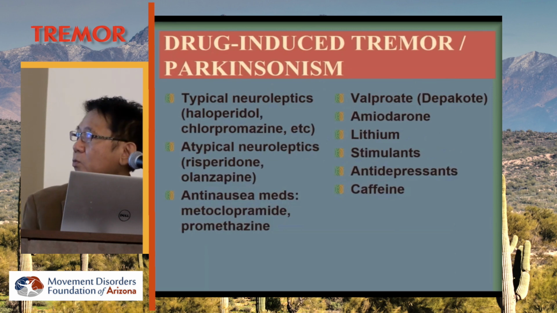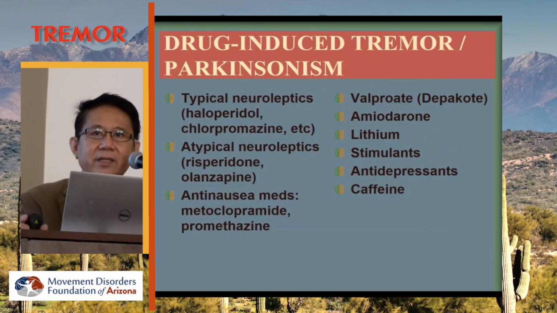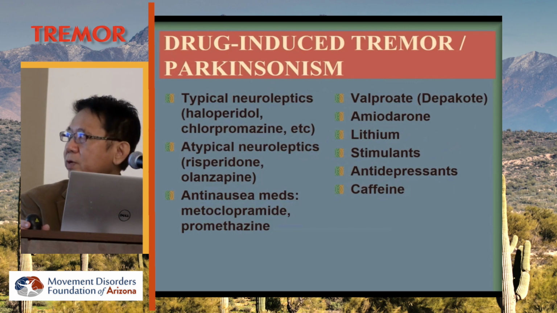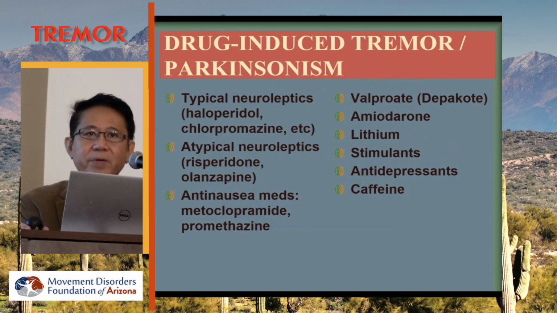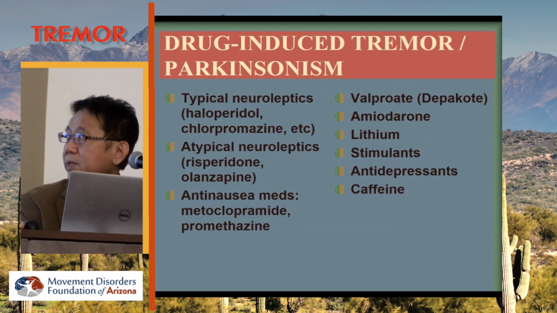For instance, the most common ones that I see are the so-called atypical neuroleptics, and these are supposedly safer in the sense that they cause less drug-induced movement disorders, but they're not 100% safe. Many of my patients still develop tremors from risperidone or olanzapine or Geodon or Abilify. These are the so-called atypicals.